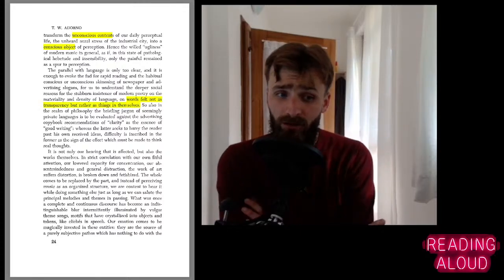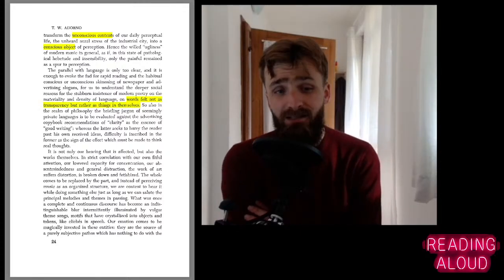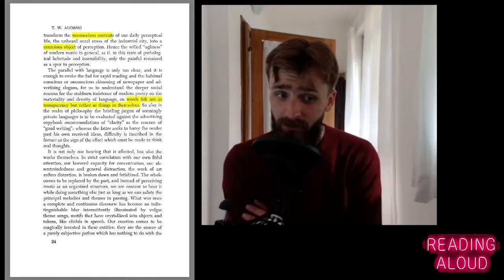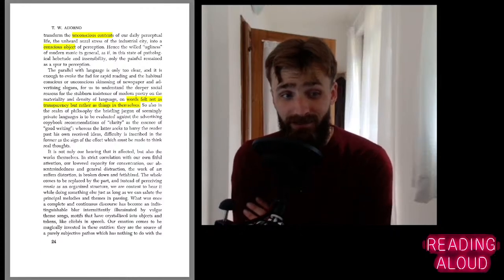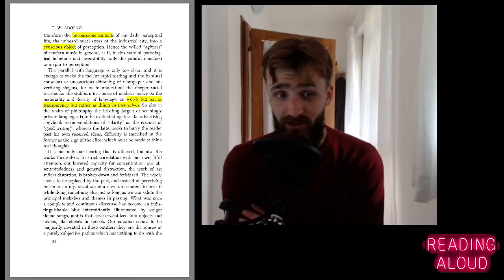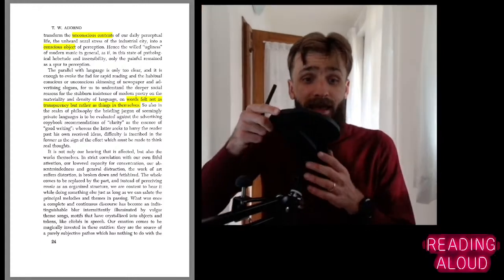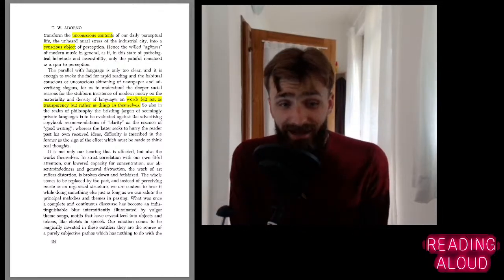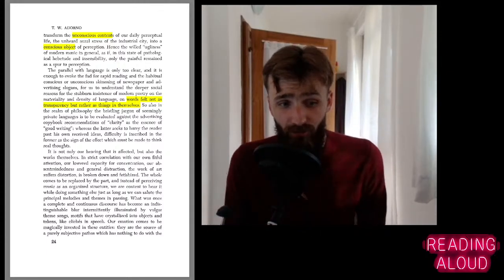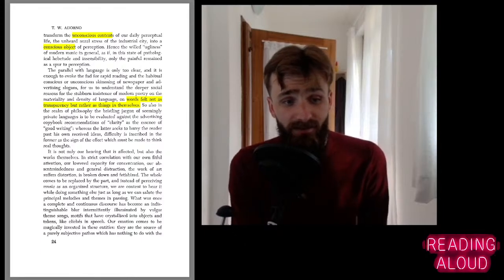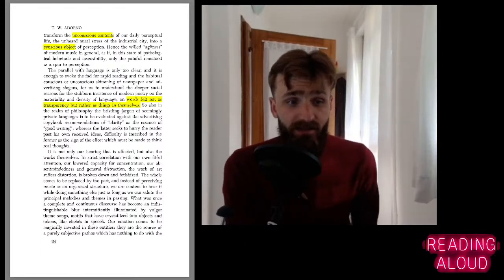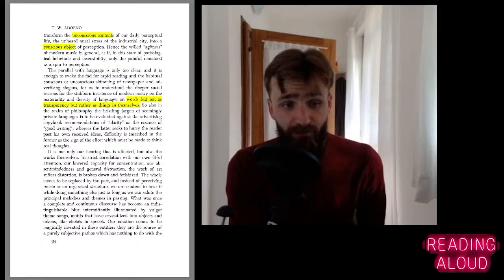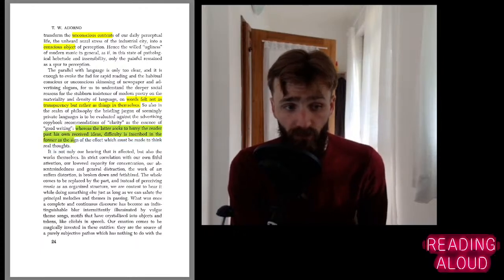So also in the realm of philosophy, the bristling jargon of seemingly private languages is to be evaluated against the advertising copybook recommendations of clarity as the essence of good writing. Whereas the latter seeks to hurry the reader past his own received ideas, difficulty is inscribed in the former as the sign of the effort which must be made to think real thoughts.